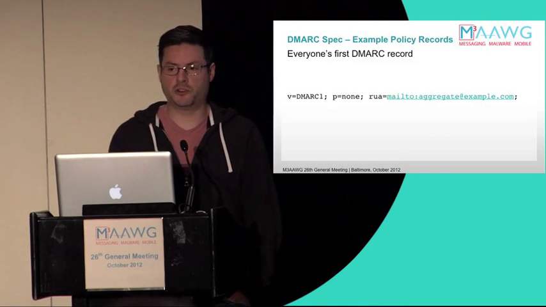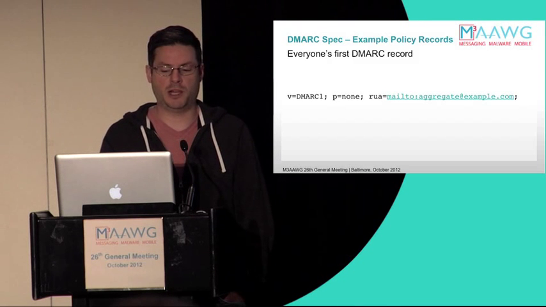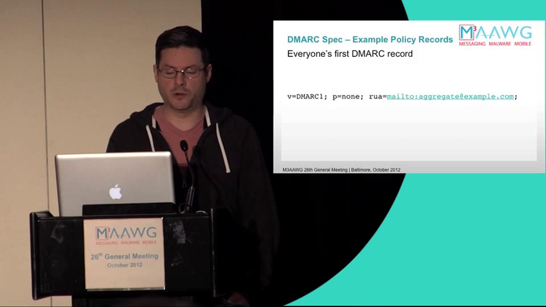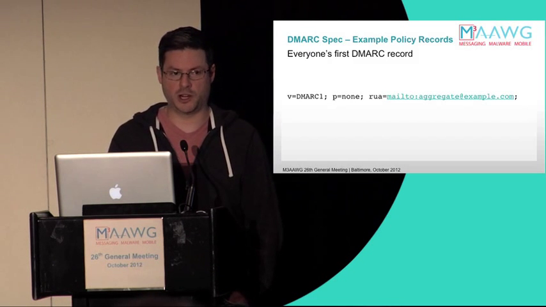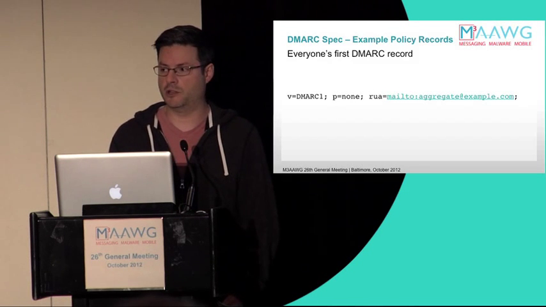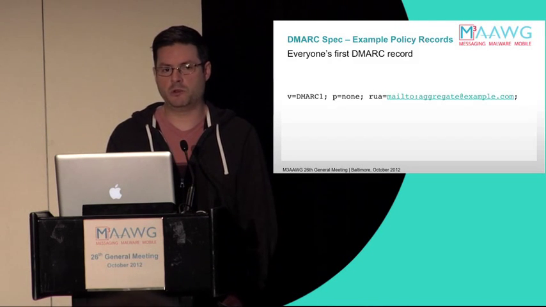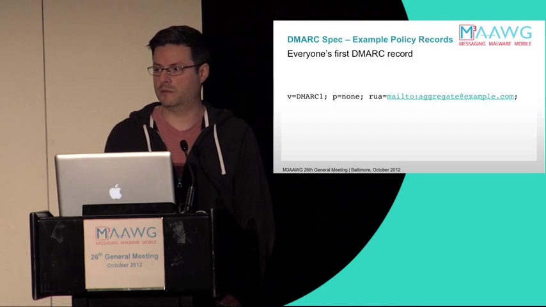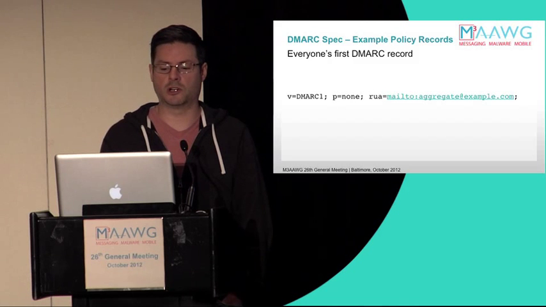So we just wanted to provide an example, the simplest possible DMARC record to get started. In the grand tradition of cut and paste stuff to try it out, we asked ourselves, where would we want everybody to get started? If you already do DKIM and you already do SPF and your practices are pretty good, what is the record you should start with?